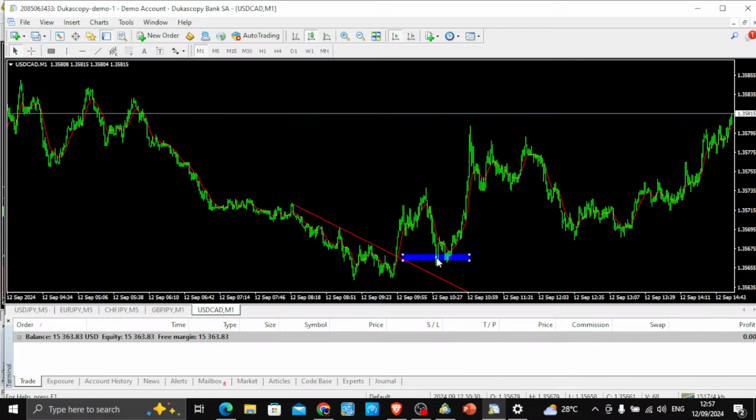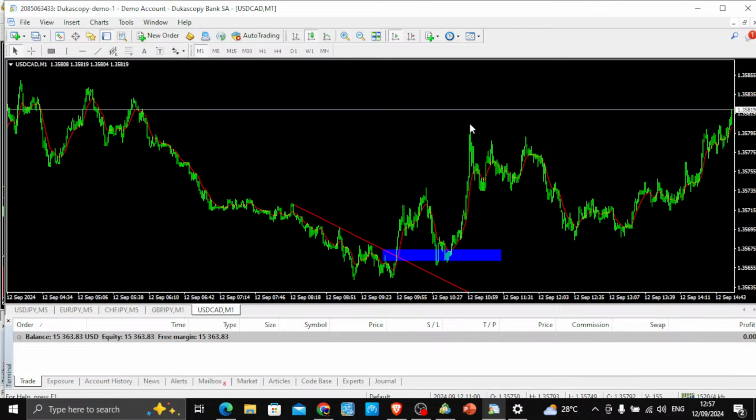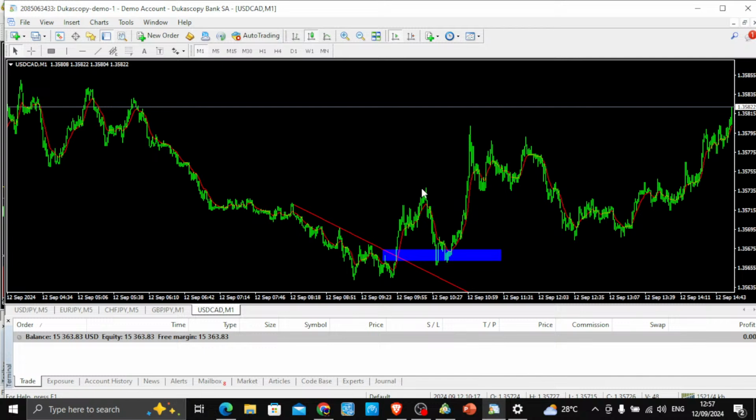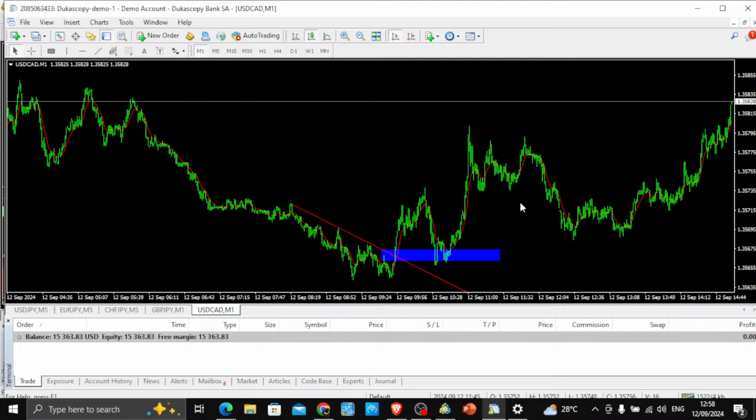Looking for the area from here. Okay, look, this was the high from where it was taken out. It moved up higher than this high. It had made a higher high. This is low, higher high. Look at it. Okay, it came down. So here now it is making a higher high.